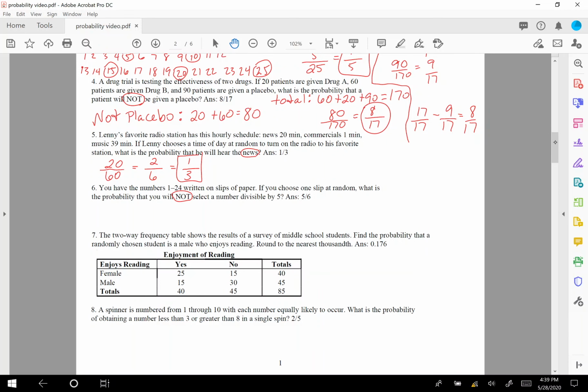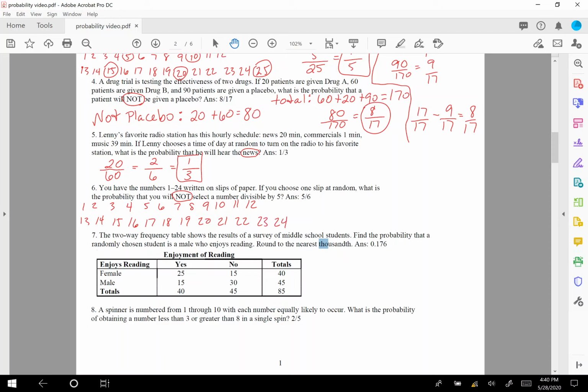And again, I'm doing this for the visual so you can see 1, 2, 3, 4, 5, 6, 7, 8, 9, 10, 11, 12, 13, 14, 15, 16, 17, 18, 19, 20, 21, 22, 23, 24.